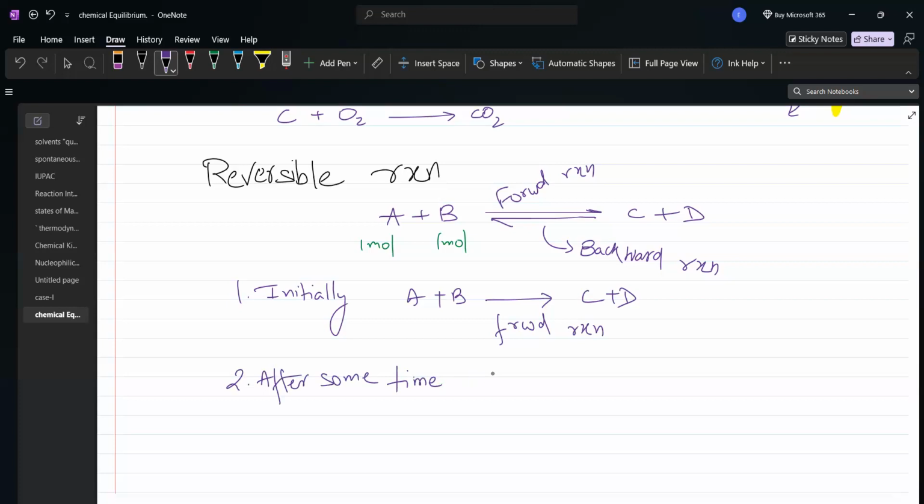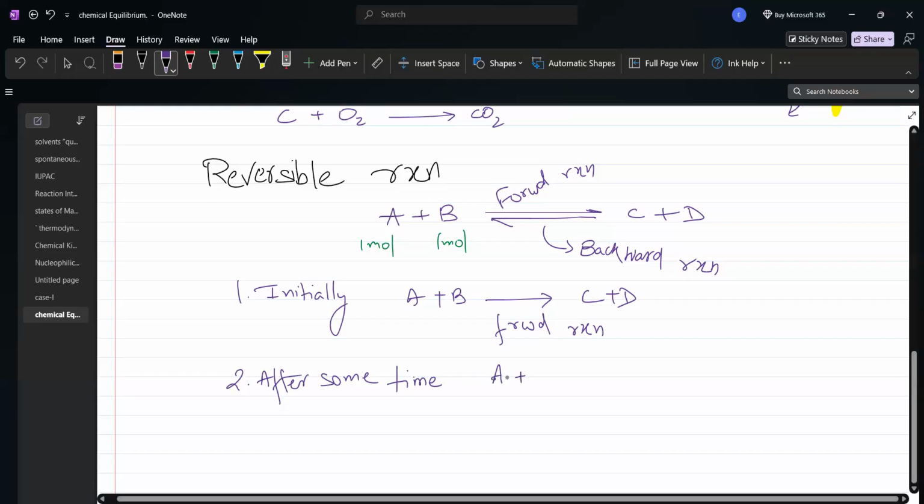After some time, what will happen? The main thing is coming: C plus D has formed in large amount.